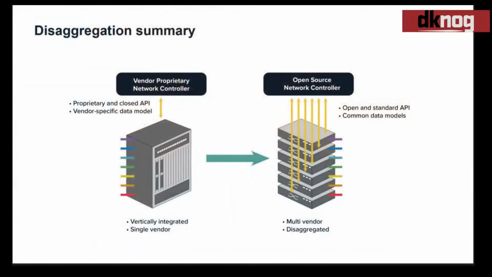It can be routers, switches, of course. The difference here is that they use open and standardized APIs and common data models, typically YANG-based models. So you can integrate them into an open source network controller. This is the view on what disaggregated open networking means.